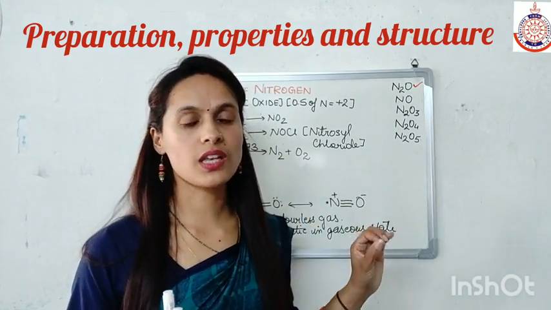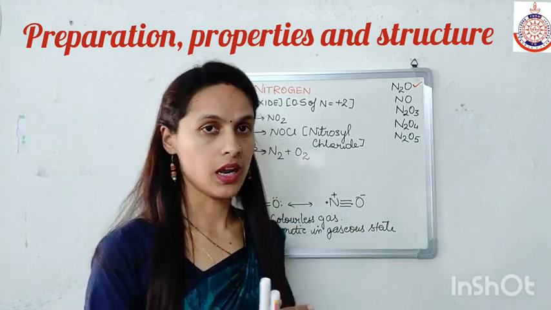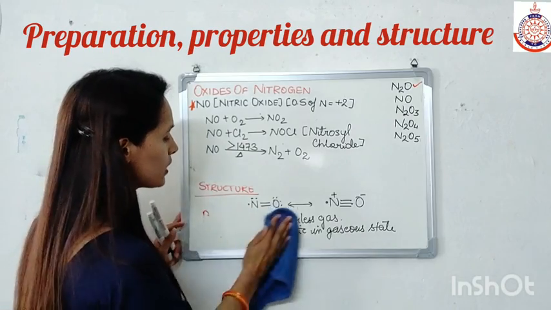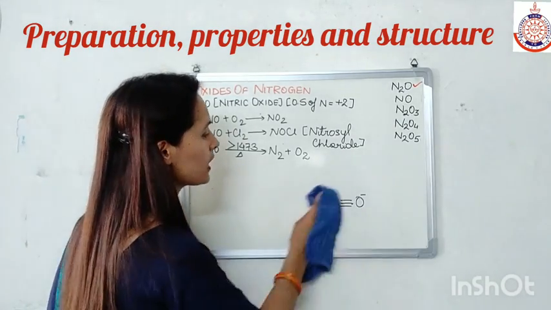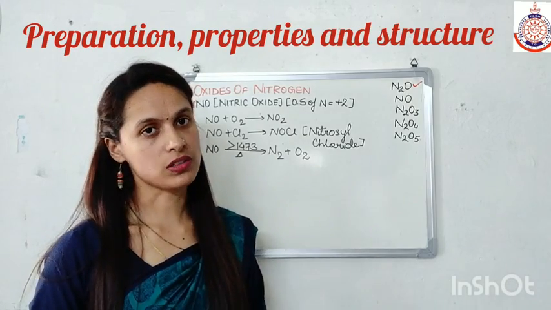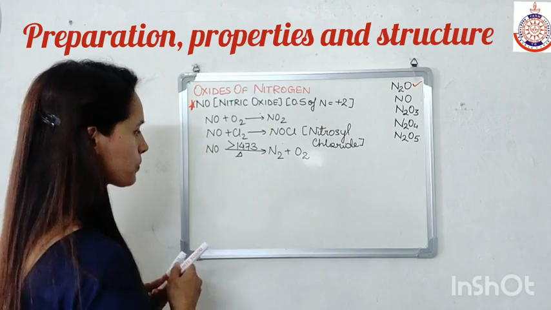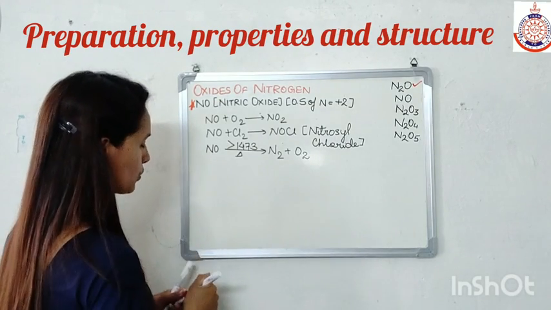Only this oxide has oxidizing as well as reducing property. Now how do we get to know? With the help of two reactions we get to know that yes, this compound has both properties, oxidizing as well as reducing. And what are those two reactions?